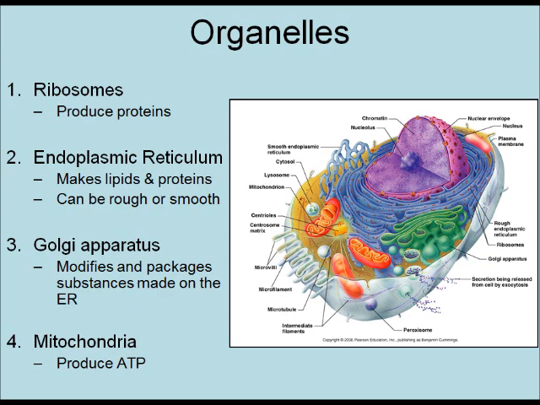I'm going to start out with the ribosomes. They are a production area of the cell factory, and their role is to produce proteins. If you look at this artist representation of a cell here, some of the ribosomes, represented by these little red dots, are just floating freely in the cytosol, that jelly-like fluid. Other ribosomes are actually embedded in the endoplasmic reticulum.